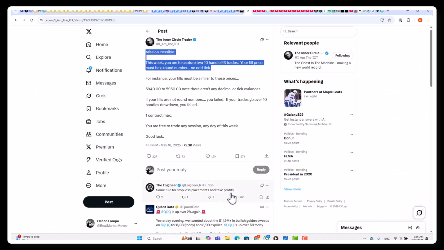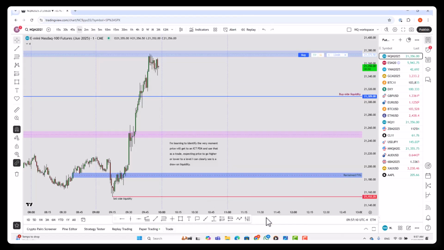Exercise again. Okay, so you cannot risk more than 10 handles per trade.